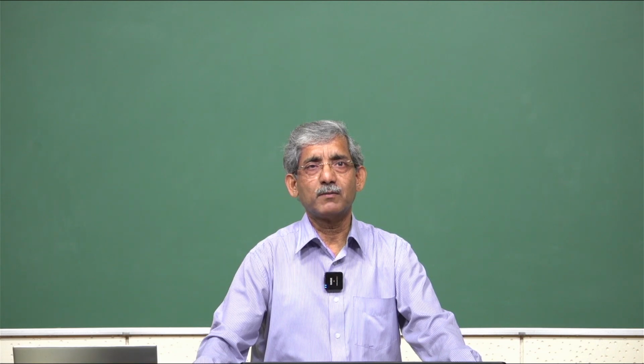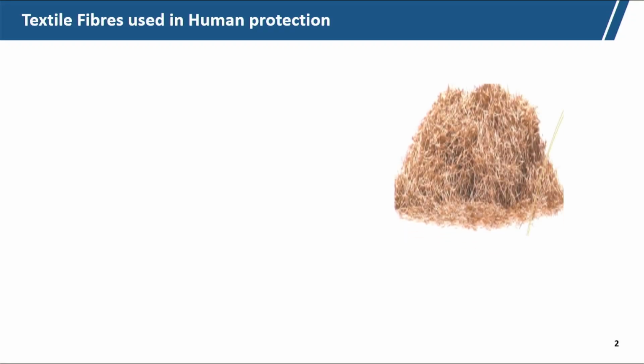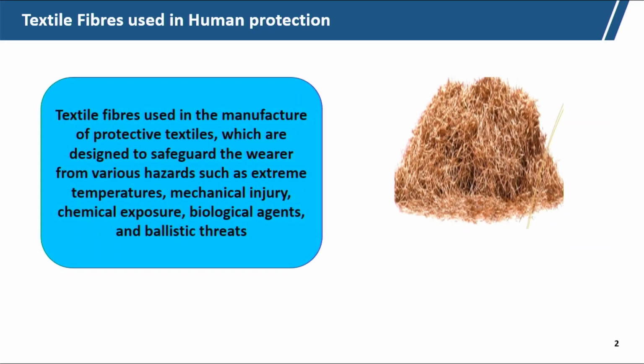So, these textile fibers used in human protection are basically the textile fibers used in the manufacture of protective textiles, which are designed to safeguard the wearer from various hazards like extreme heat, extreme cold, mechanical injury, chemical exposure, biological agents and ballistic threats.